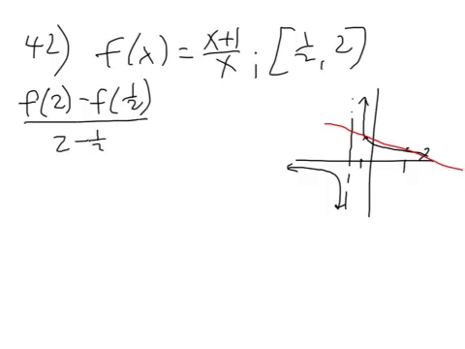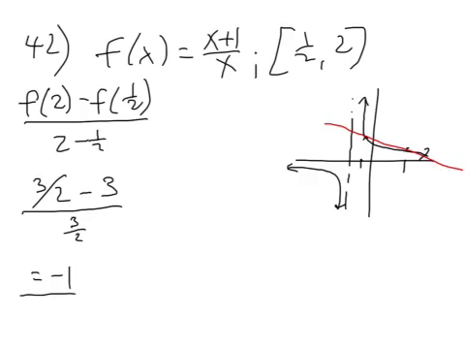Well, I'll just tell you, f at 2 is 3/2, and f at 1/2 is 3. You can check me on that. Over 2 minus 1/2, which is 3/2. And do a little bit of algebra work, and you can just trust me, this becomes negative 1, or you can test it out if you want.